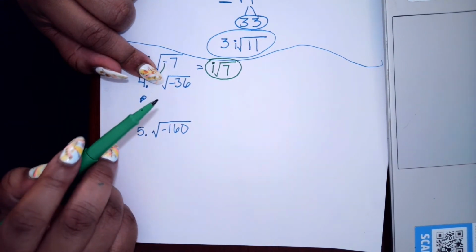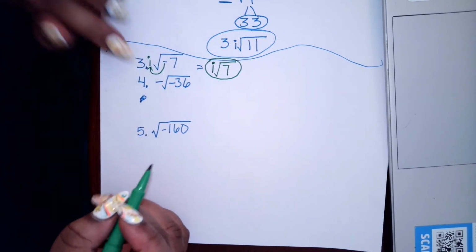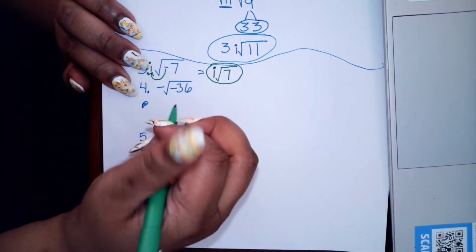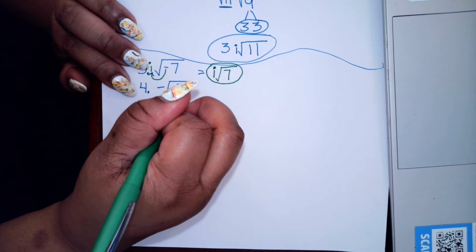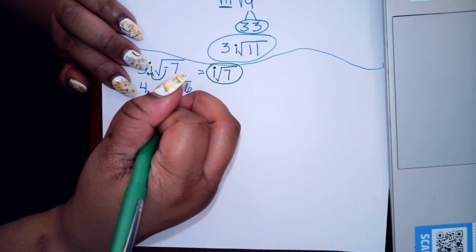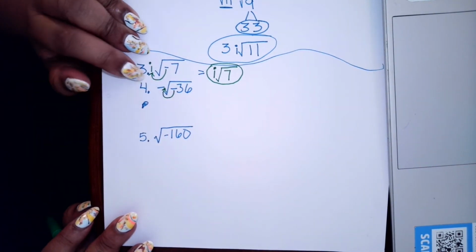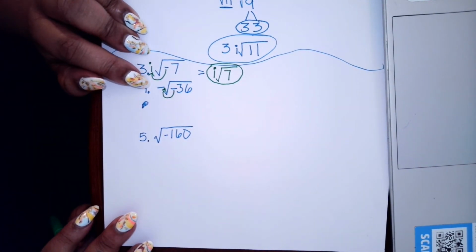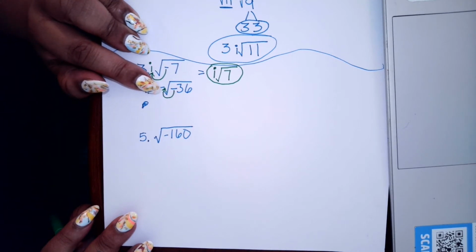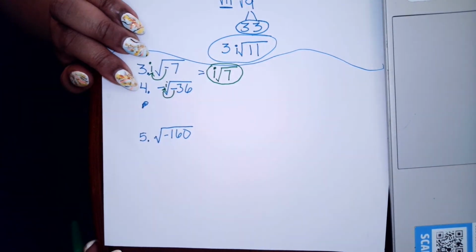So what we need to do is do the exact same thing that we did before. We're going to take the negative out and bring it around to the side and add our i. However, our i is going to literally do what it's always done, which is go in front of the radical. So we would put it right there.